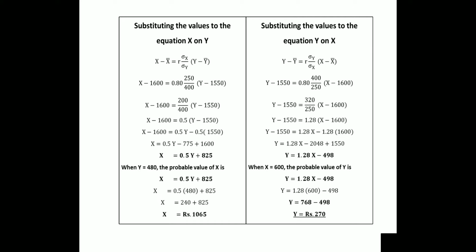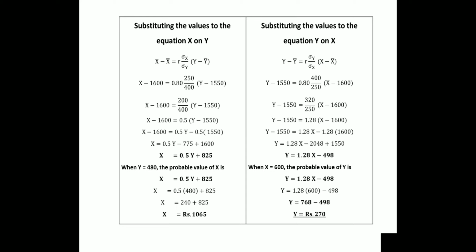So when we substitute the value of y, that is the income of the worker in branch Y, the value of x will be 1065. That is, when y is equal to 480, the probable value of x will be rupees 1065.